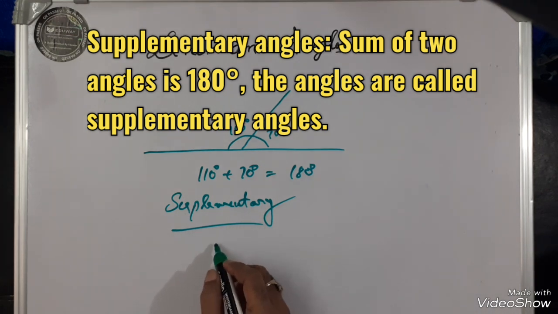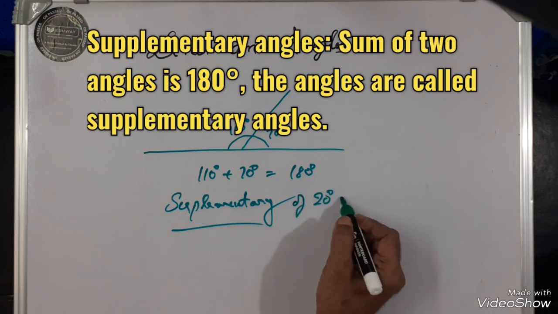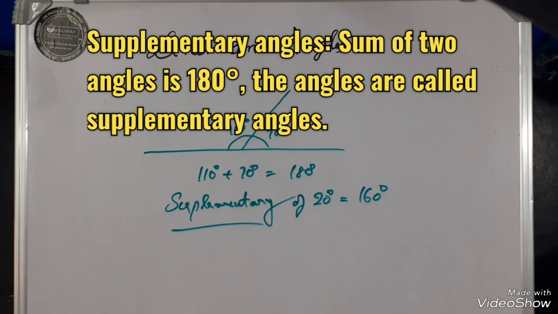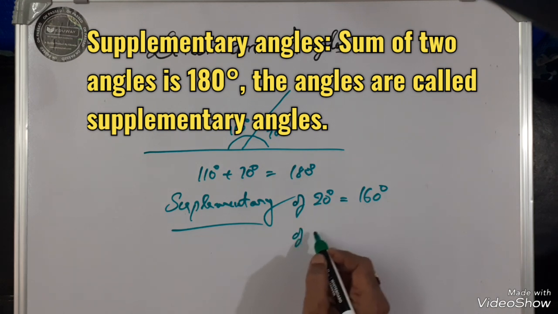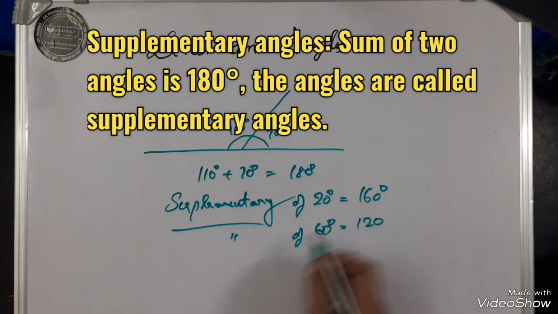Suppose the supplementary angle of 20 degrees is 160. What is the supplementary angle of 60 degrees? 120. Simply you subtract 60 from 180, and we get its supplementary angle.